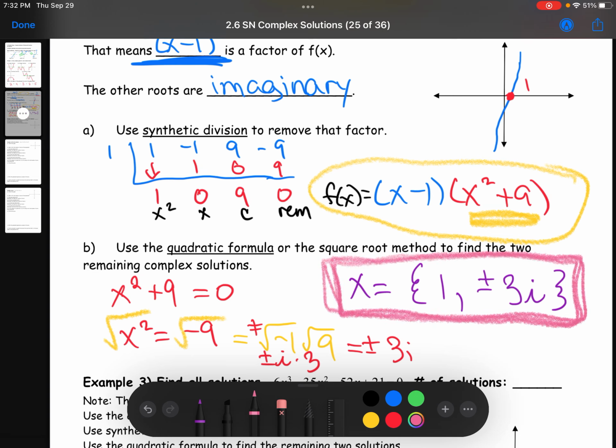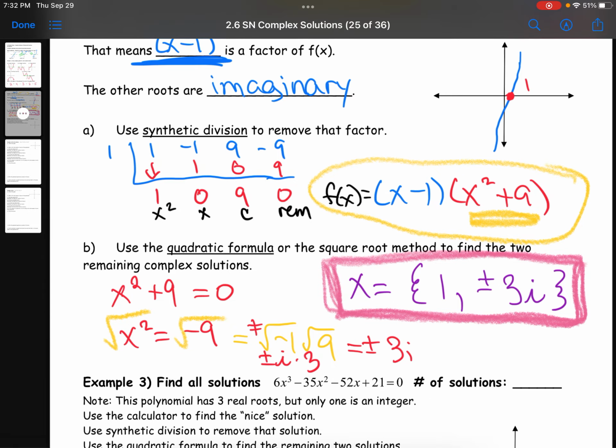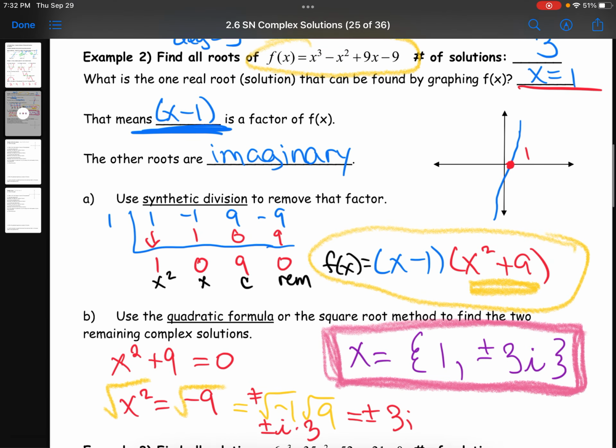It is imaginary. Okay. Now, 3 solutions. Found 1 on the graph. Used synthetic division to divide that factor out. Solved what we had after that.